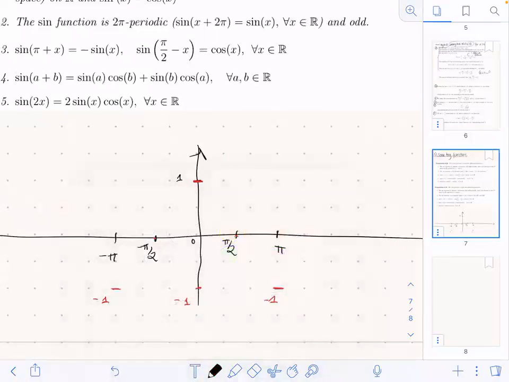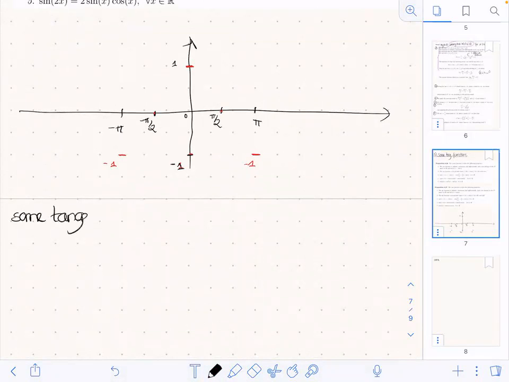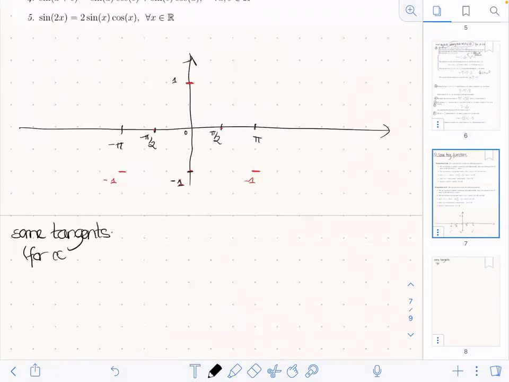So first of all, let's have a look at some tangents. These are tangents for the cosine function. So maybe first we can have a look at the tangent at 0.